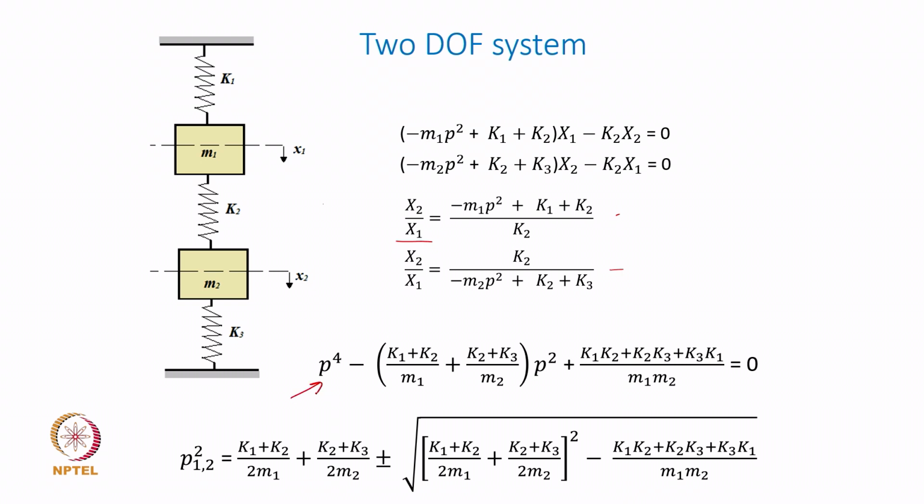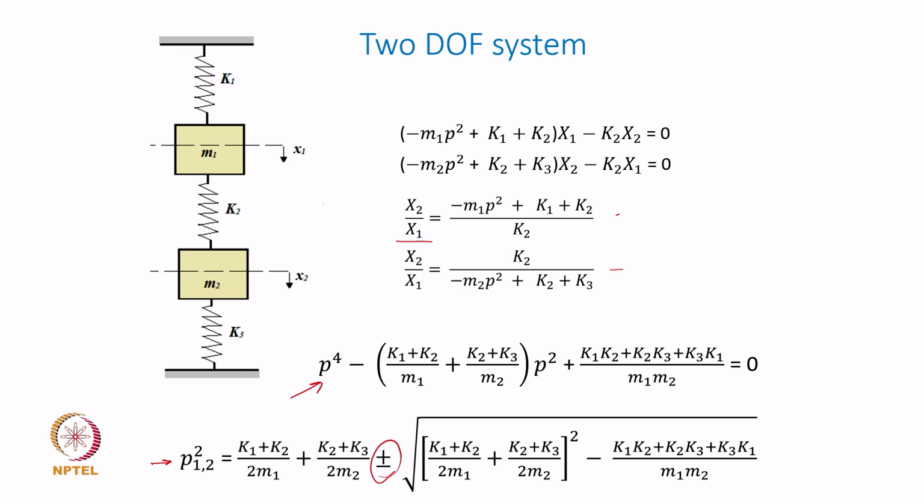Solving this quadratic equation, we get the two possible frequencies P1 and P2, P1 when we use the negative sign of the two possible signs here, and P2 by assuming the positive sign.